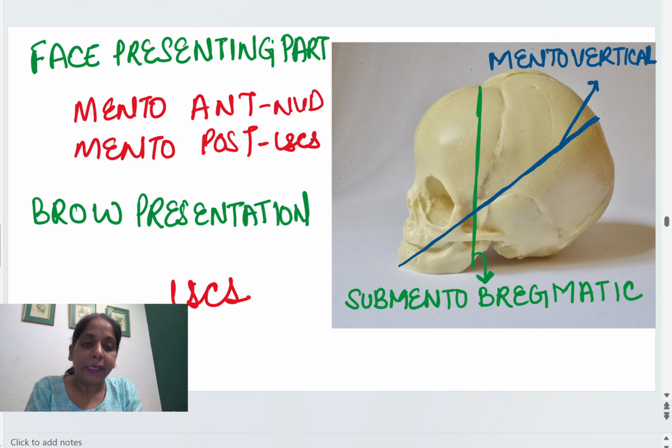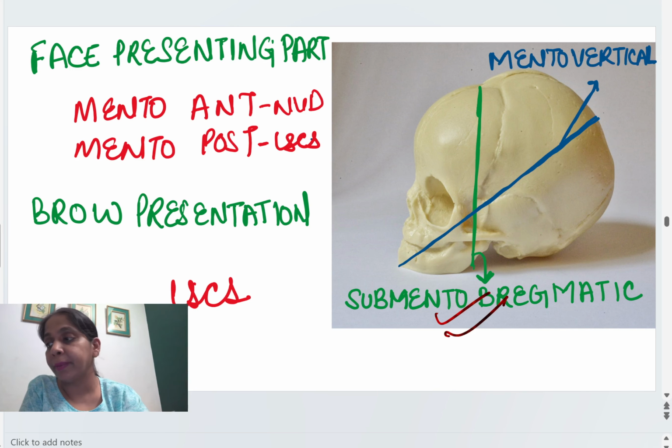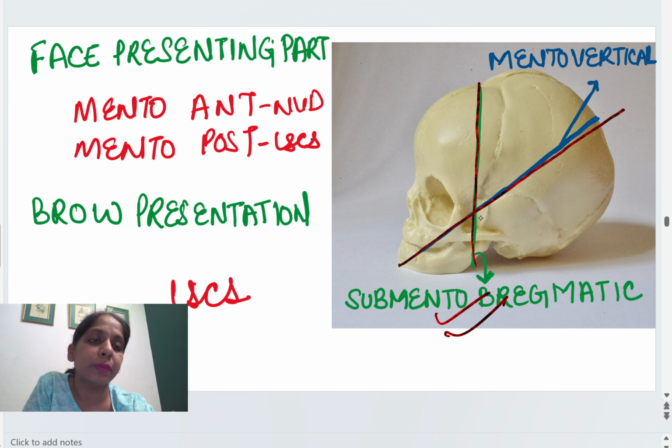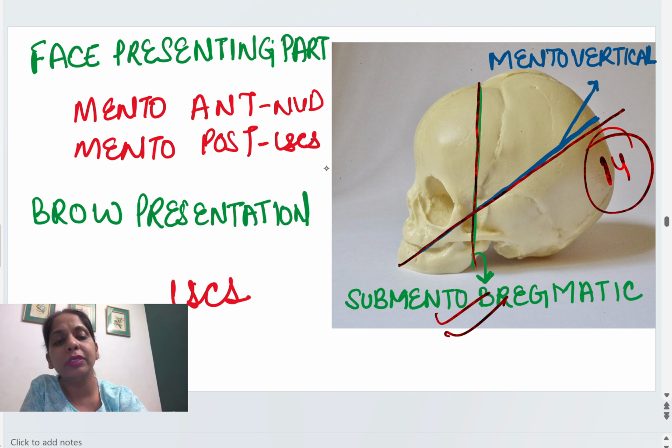In mento anterior, the diameter is small, it is submentobregmatic. And in the mento posterior, the diameter is large, it is mentovertical, 14 centimeter. So here we have to do cesarean. Okay, in every brow presentation we will do cesarean.